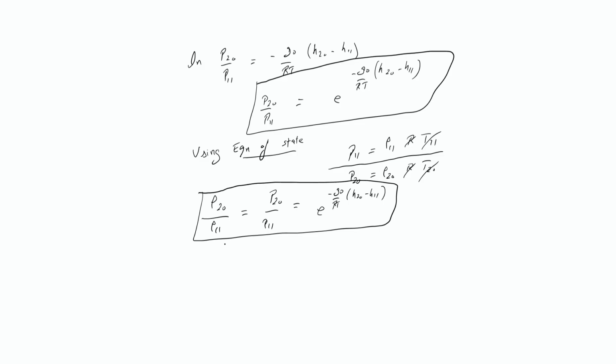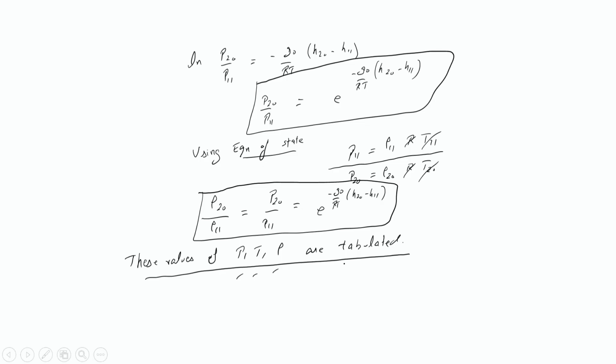Here we know the value of density at 11 kilometers. Now these values of pressure, temperature and density are tabulated. You must have seen a few atmospheric tables. In atmospheric tables, you will see the variation of pressure, temperature and density as a function of geopotential altitude h and also as a function of geometric altitude.